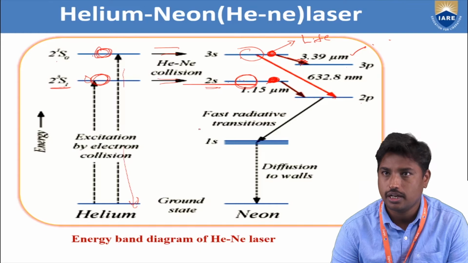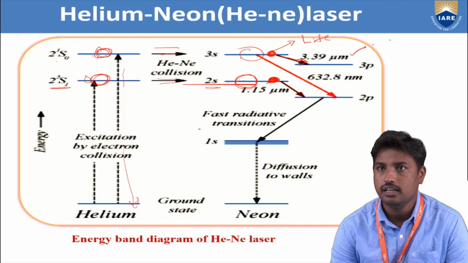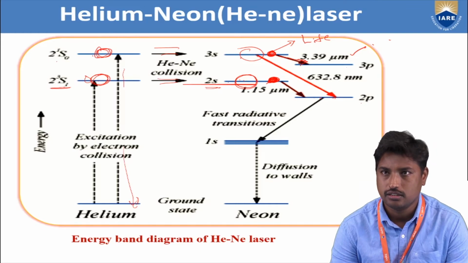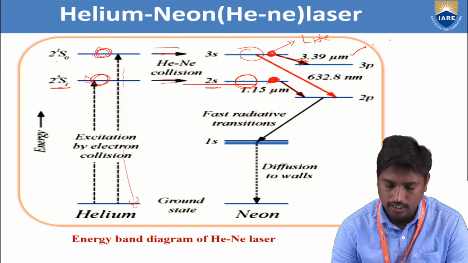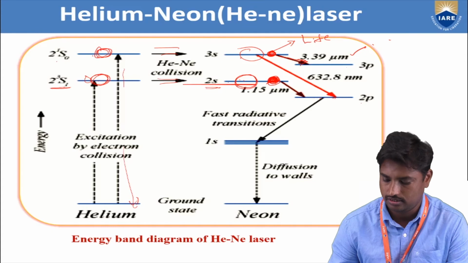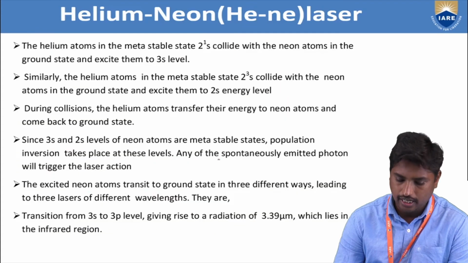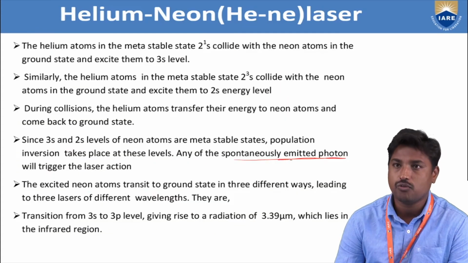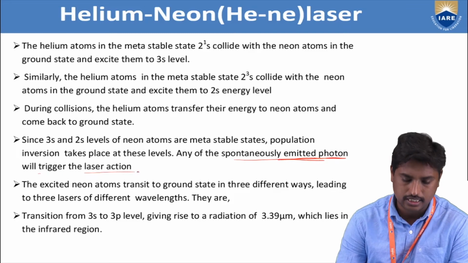To start the stimulated emission of radiation, what is the source to get the laser? We require energy, and that energy may be supplied by the spontaneous emission process, since any spontaneously emitted photon will trigger the lasing action.